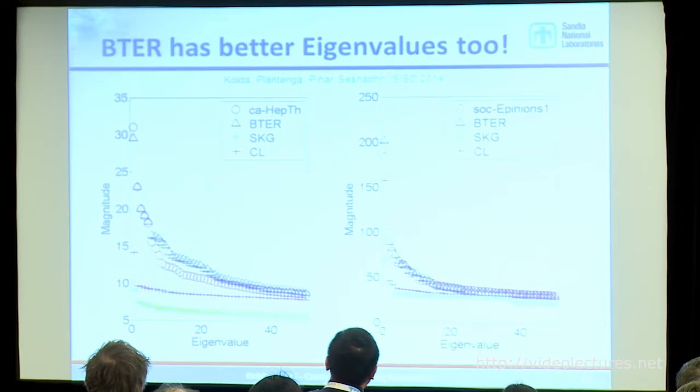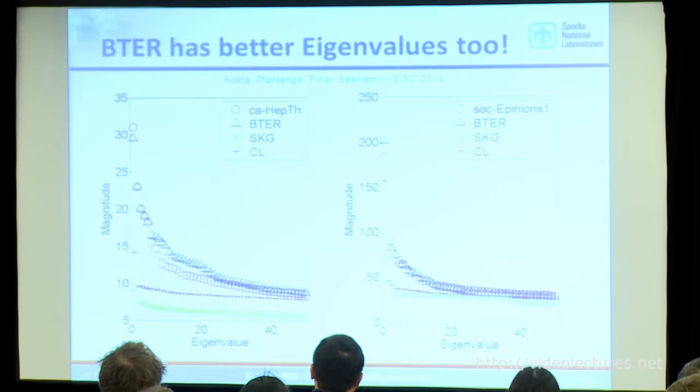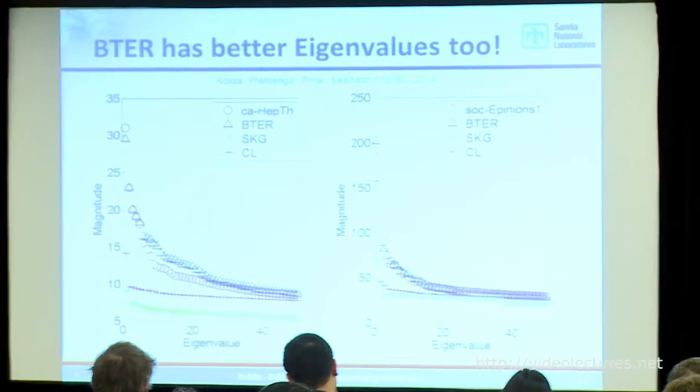One interesting thing here is now we see that if we take the top 50 eigenvalues of the adjacency matrix, then BTER is a little bit closer than the adjacency matrices for these other 2 methods. And we can sort of think about why. So if you think about the number of triangles, you know that the number of triangles is equal to the sum of the cubes of the eigenvalues divided by, I think, 6, if I'm remembering correctly.